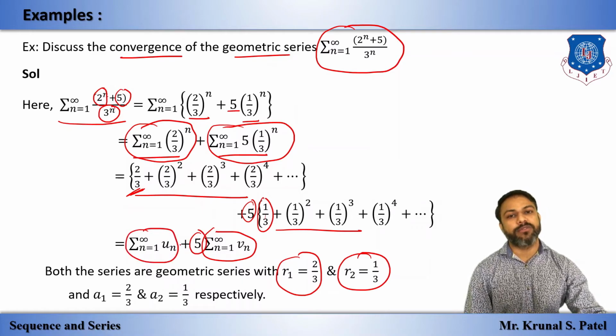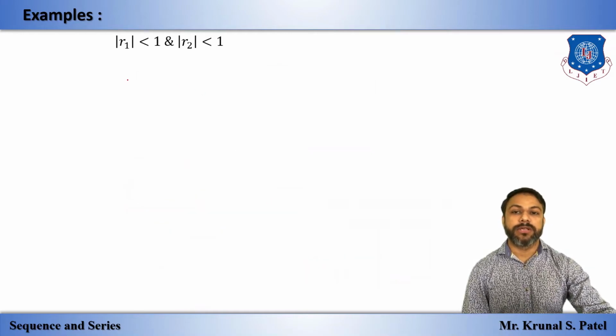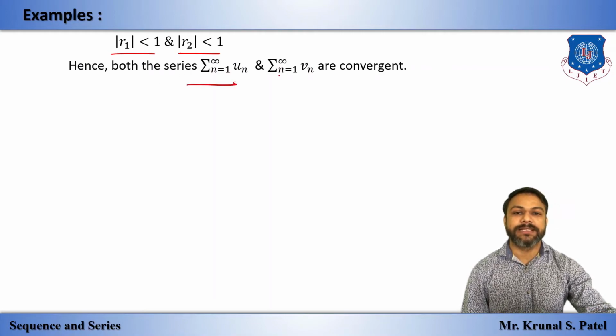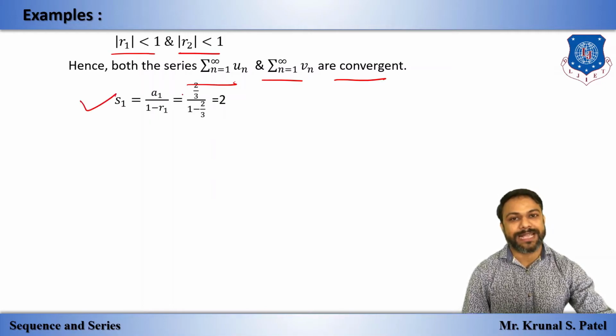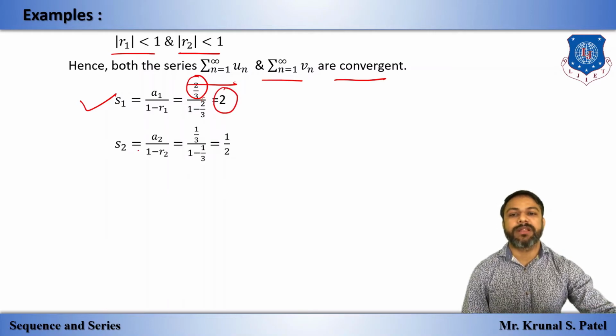So we have R1 and R2, where mod R1 is less than 1 and mod R2 is less than 1. So both series are convergent as per the geometric series test. Sum of the first series S1 is A1 upon 1 minus R1, A1 was 2 by 3, R1 is 2 by 3. So 1 minus 2 by 3 is 1 by 3, the 3s cancel, and it is 2. Similarly, S2 we can find is 1 by 2.